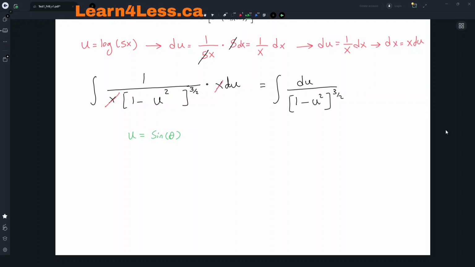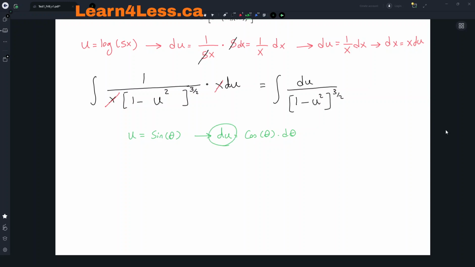So what we can do here is, this is u. Let's evaluate du, which is the derivative of this part. It is cosine of theta multiplied by d theta. And here, do not evaluate d theta because we don't need it. We want du, so we stop here. It's a little bit different from u substitution.